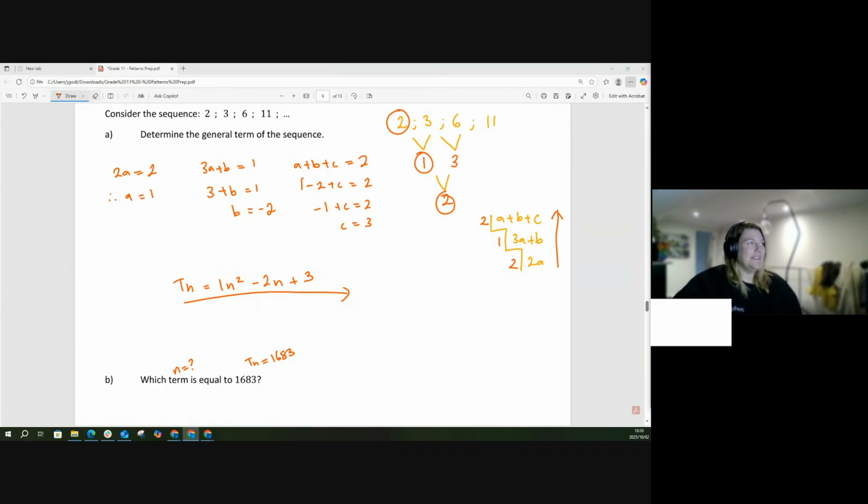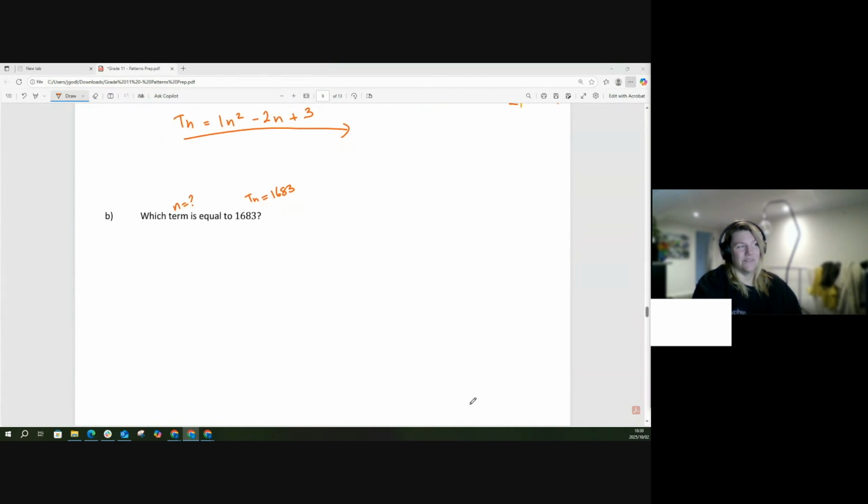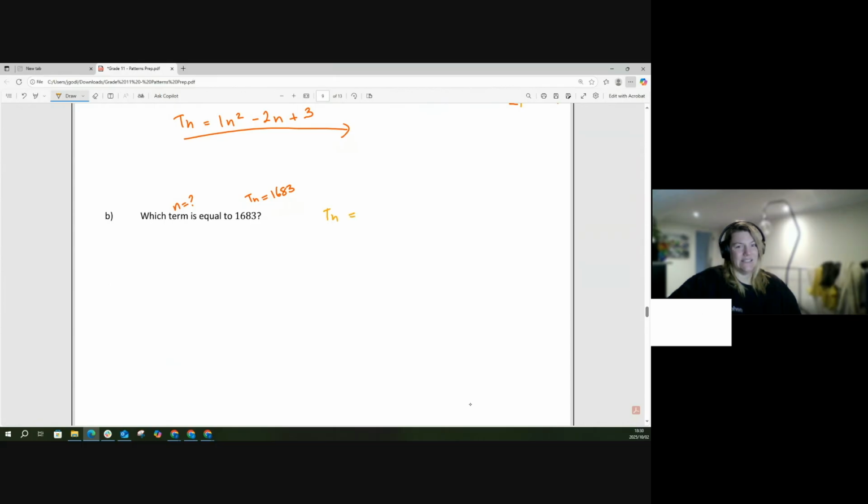So we're trying to see which term would be equal to 1,683. Okay, so if I put this into my formula, so we have Tn is equal to n squared minus 2n plus 3. We've worked that out already. We know Tn is going to be 1683, and that's going to equal this quadratic.